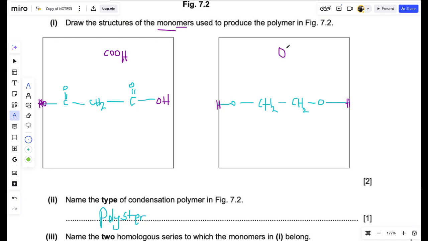Alcohol functional groups are represented with OH. The carboxylic acid functional group is denoted with double bond to O, single bond to OH. The alcohol functional group is represented with the OH functional group.